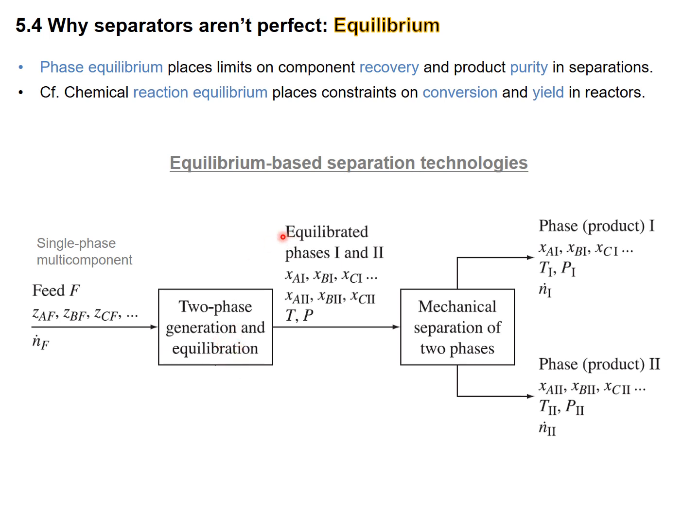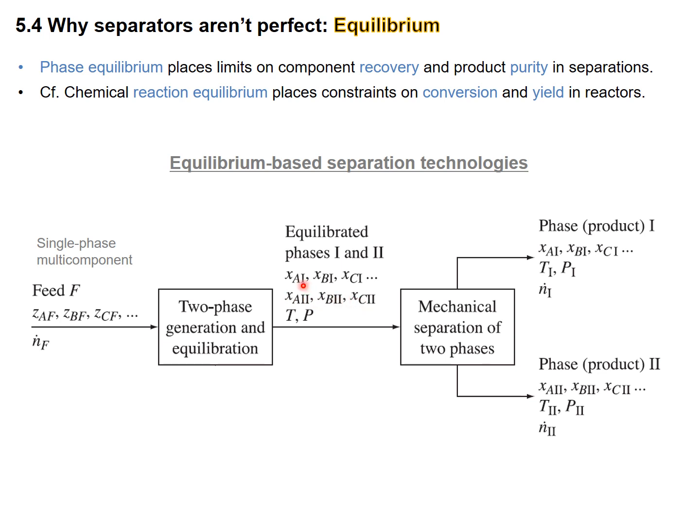So, finally, you have equilibrated phases 1 and 2, or vapor and liquid, and each phase has its own compositions. Like in phase 1, XA, XB, XC, and in phase 2, XA, XB, XC.